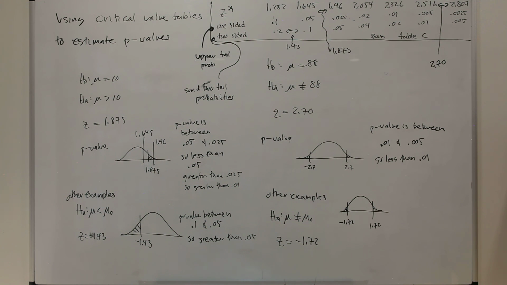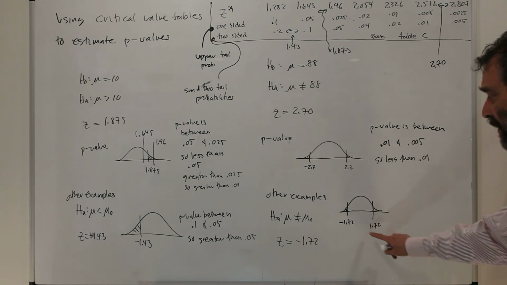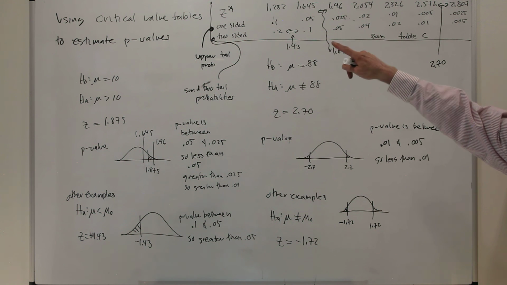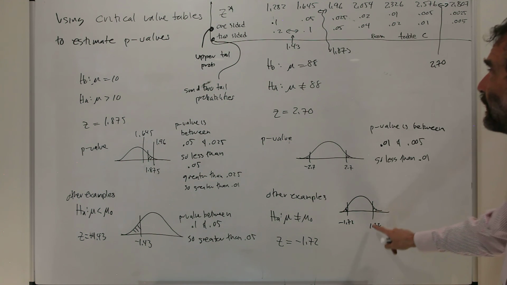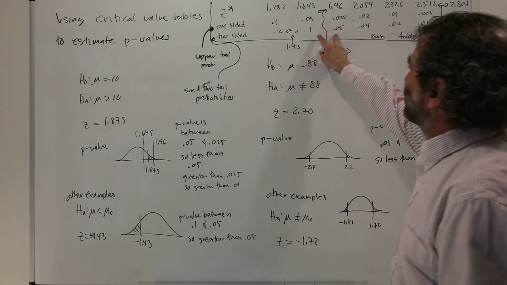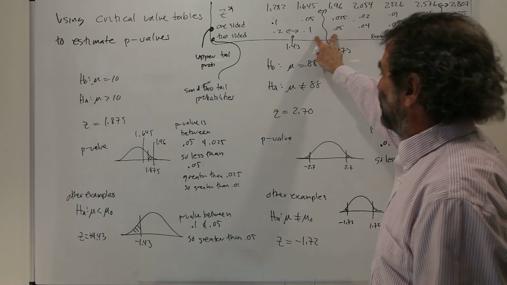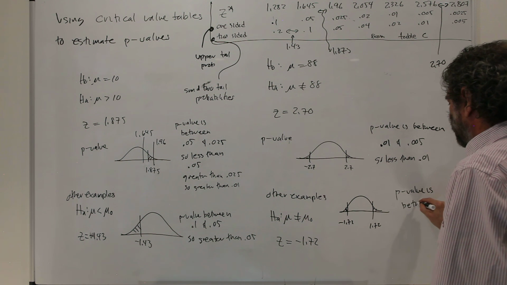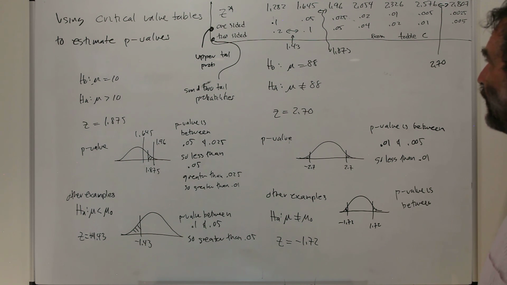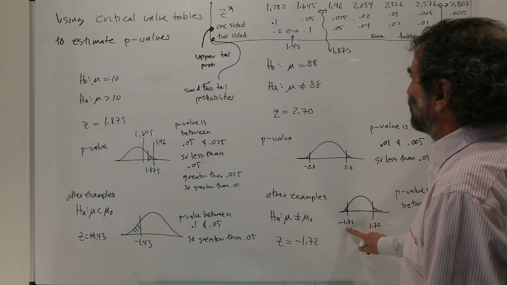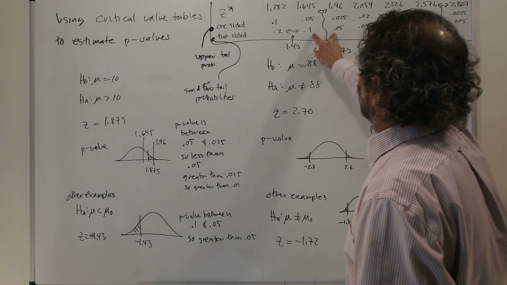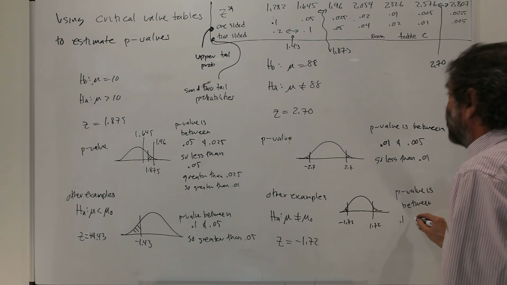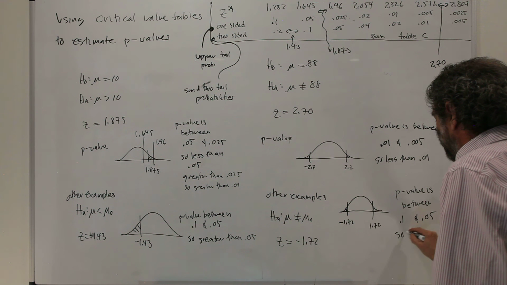Since it's a two-tail test with a not-equal-to alternative, we can just as well look up 1.72 in the tables and double that tail probability, which means I can go to the critical value table, look at the two-sided alternative, find 1.72. 1.72 falls between 1.645 and 1.96, so the p-value is between the two-sided probabilities, 0.1 and 0.05, and so greater than 0.05.